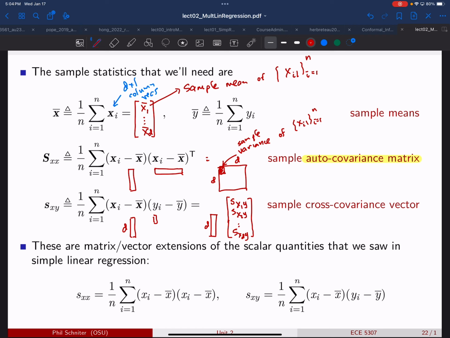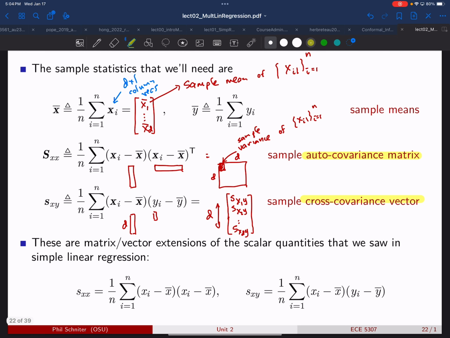Okay, so we call this the cross covariance vector. It relates our features to our targets. Okay, is everybody good with these definitions?